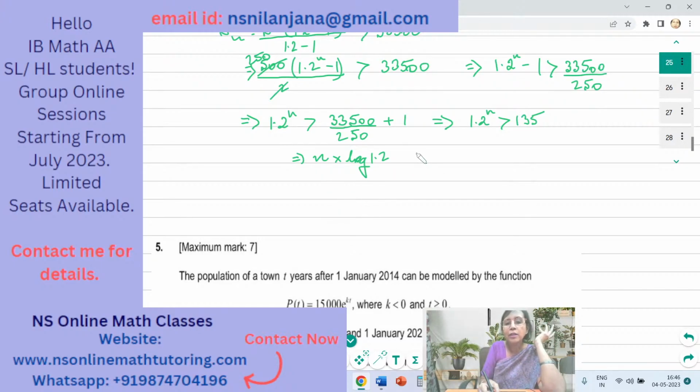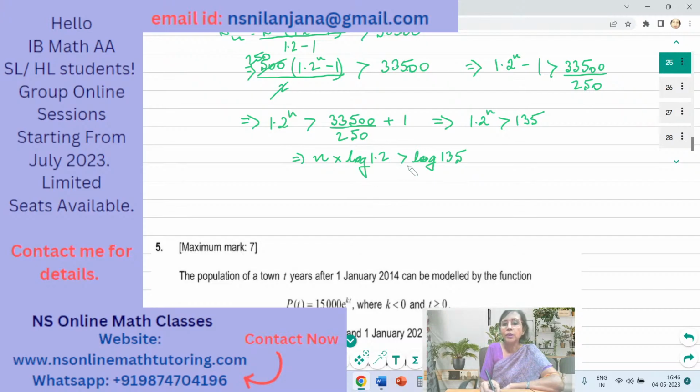You are using the calculator, so you don't have to take the trouble of computing the values. So n times log of 1.2 is greater than log of 135. Over here, just get the log of 1.2 value. It will be a positive number because log of 1 is 0 and 1.2 is more than 1.